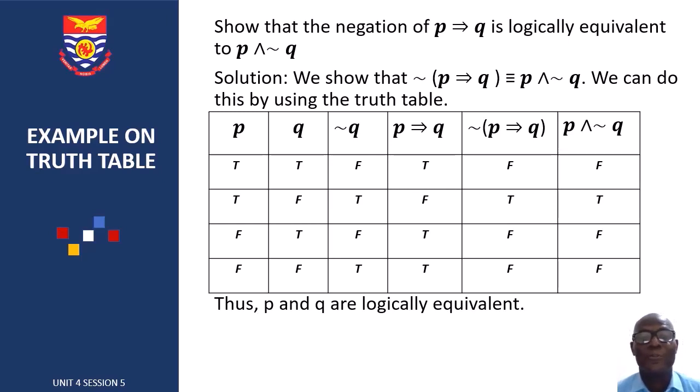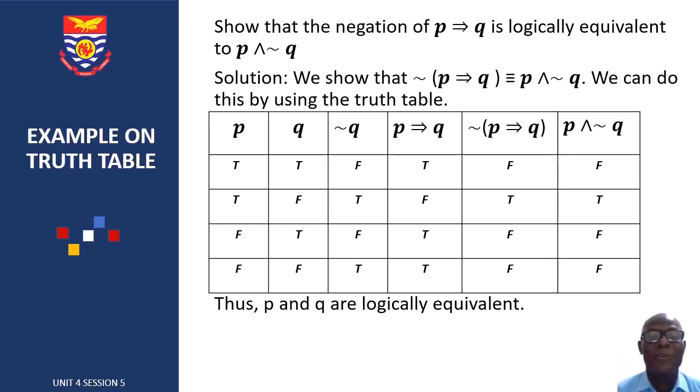negation of Q. Now we know that for conjunctions, the compound statement will be true if both statements are true. So P conjunction the negation of Q: if P is true and Q is false, the conjunction is false.